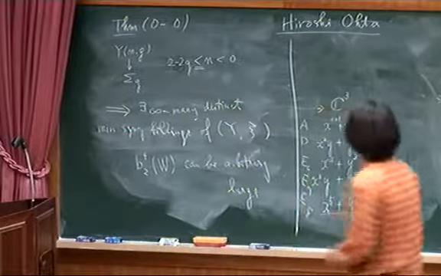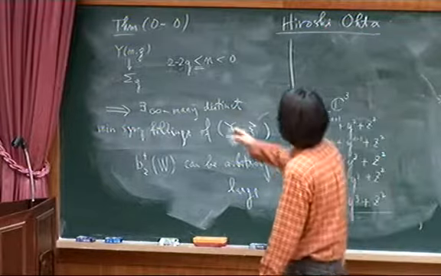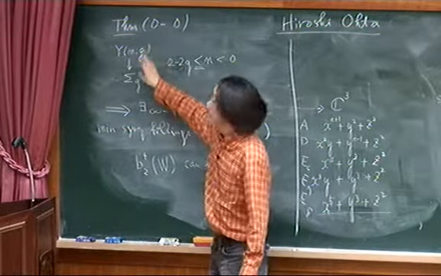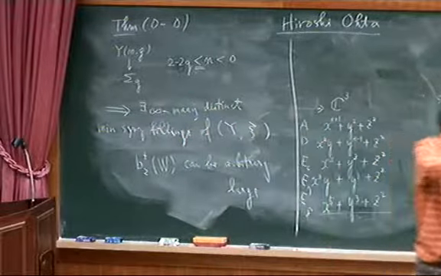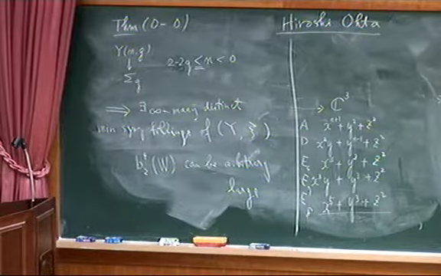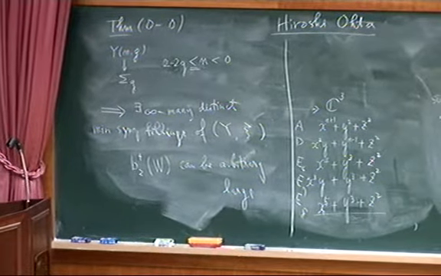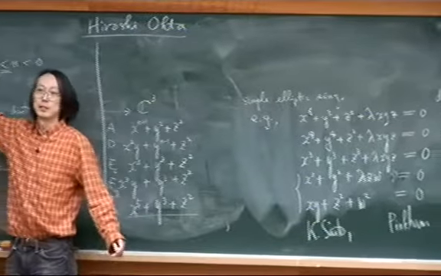What do you mean by arbitrarily large? For a fixed n and g? For given n and g fixed, we have a sequence of minimal symplectic fillings. If you consider B2 plus, it can be arbitrarily large. For fixed n and g? Yeah, for fixed this.